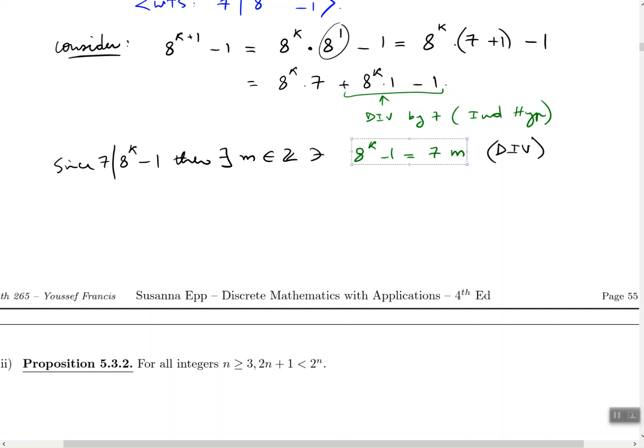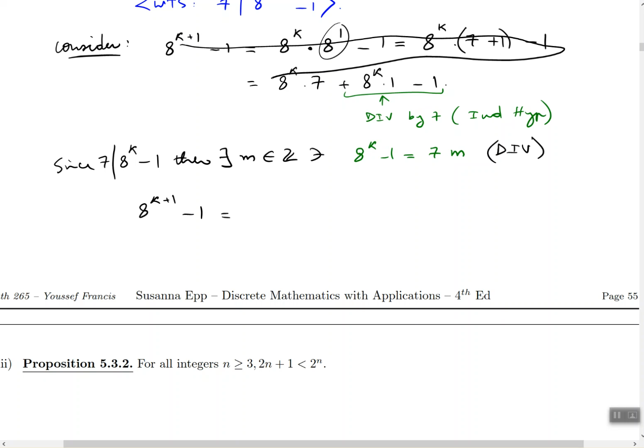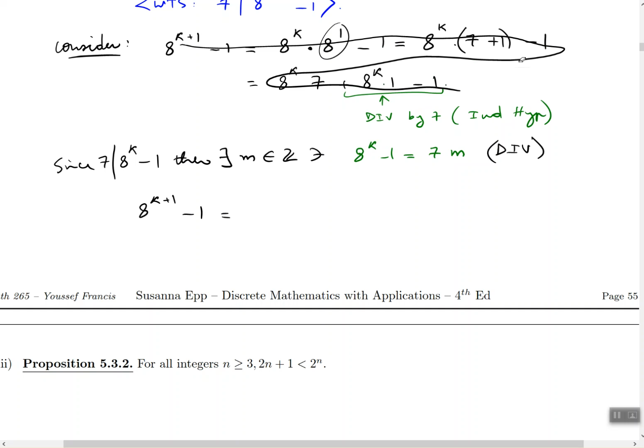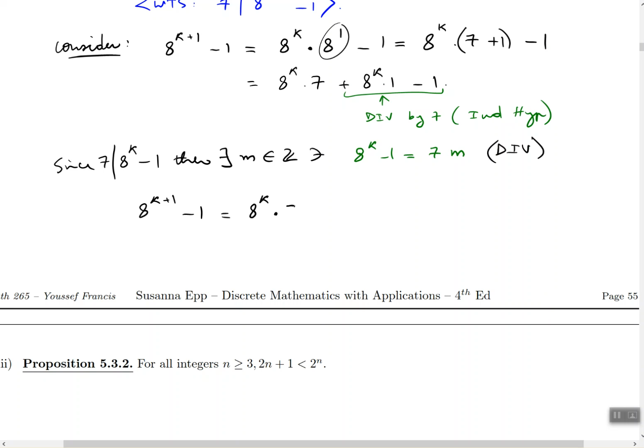If I punch it back into the original expression, I'm going to end up with something like this: 8 to the k plus 1 minus 1, which was equal to all of these. Well, when you rewrite the whole expression, it's going to be 8 to the power of k times 7 plus the 7m.